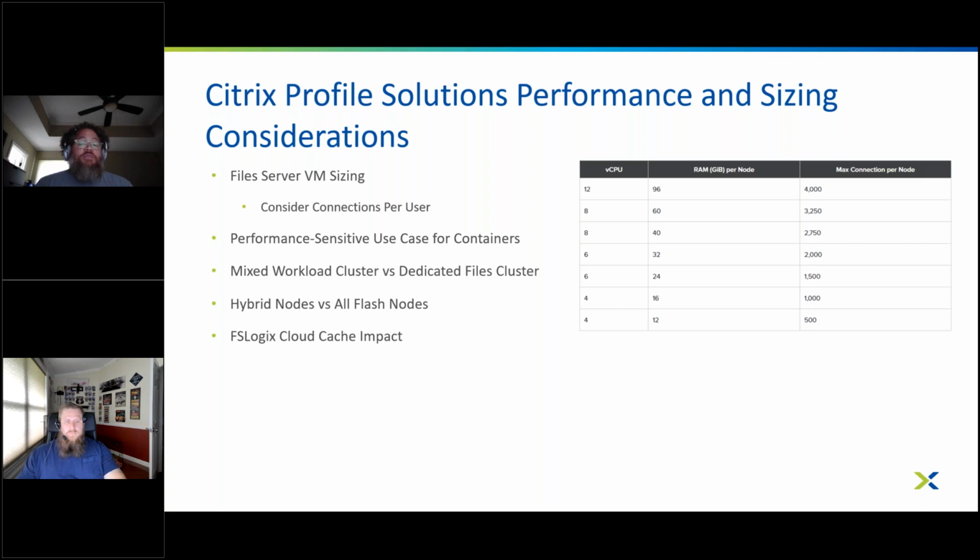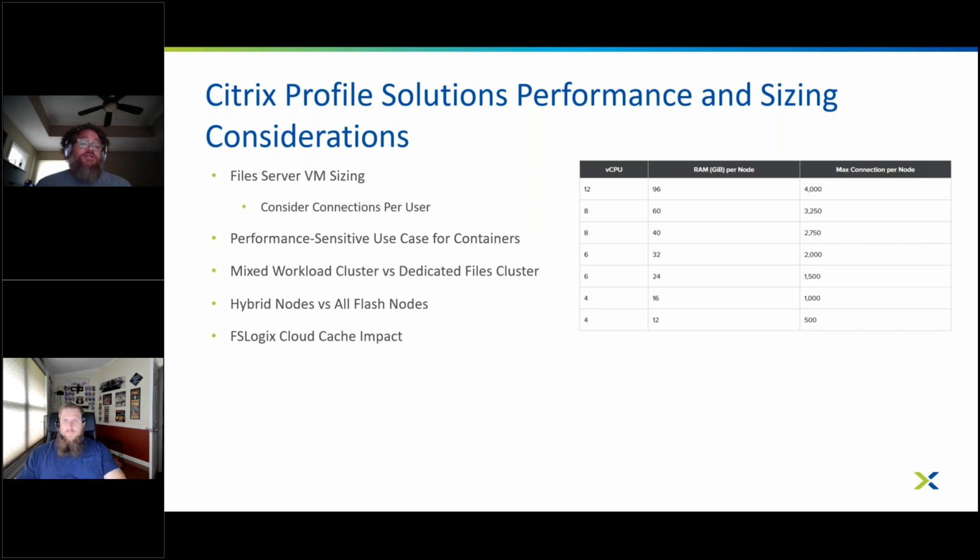You can see here, based on your size and scale, you can scale those up based on your connections and based on your connections per user. For example, you have 3 FSVMs you have to deploy by default. If those are 4 vCPU, 12 gig of RAM, that's going to be 1,500 connections across those 3 FSVMs.